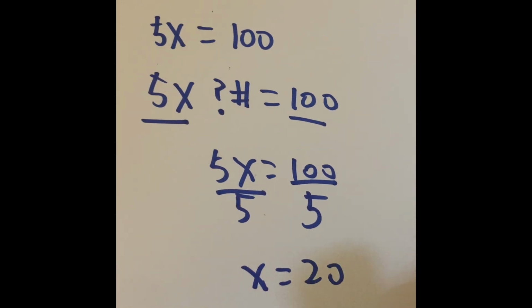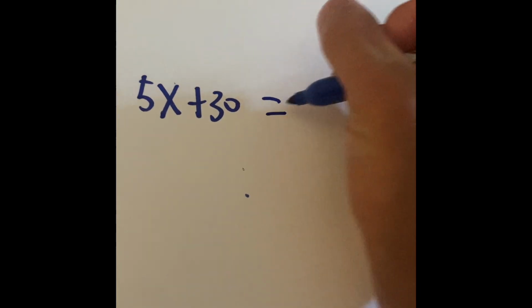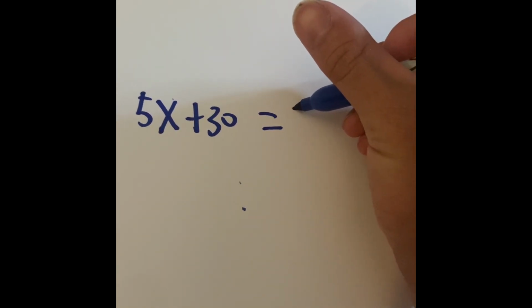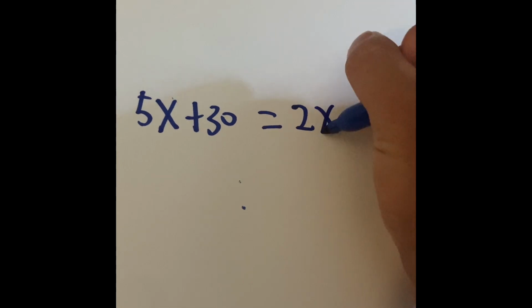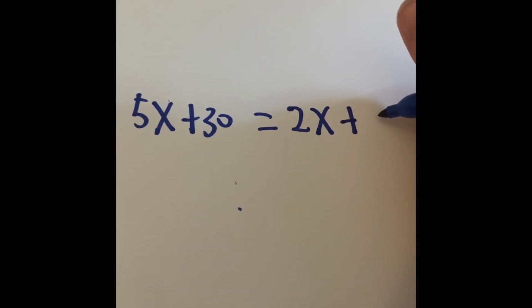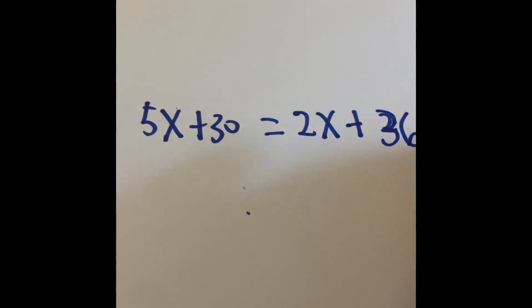Let's try one final problem and see what we can get to. Let's say we have 5x plus 30 is going to equal 2x plus, let's say, 36. And see what happens.